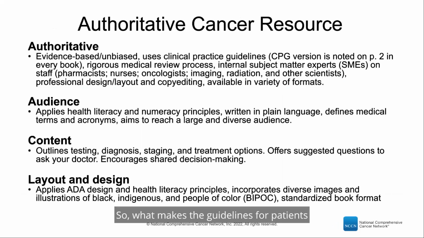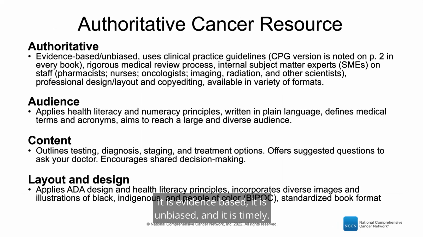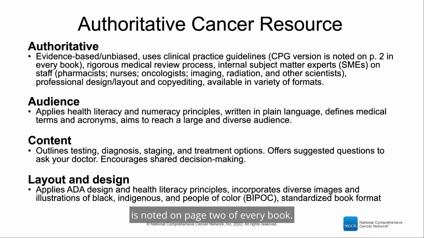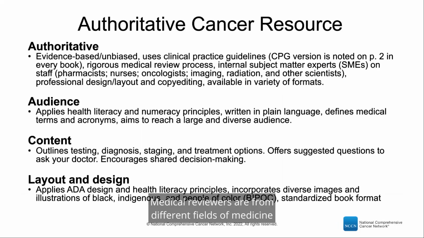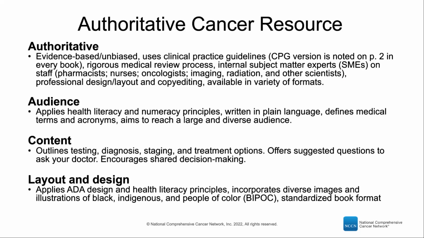So what makes the guidelines for patients an authoritative resource? It is evidence-based, it is unbiased, and it is timely. The clinical practice guideline version is noted on page 2 of every book. Each book goes through a rigorous internal and external review process. Medical reviewers are from different fields of medicine to ensure clinical accuracy across a range of procedures and treatments.